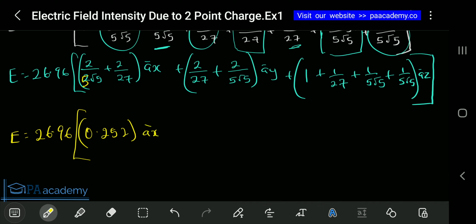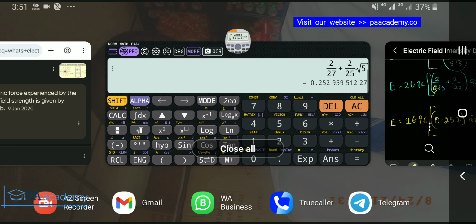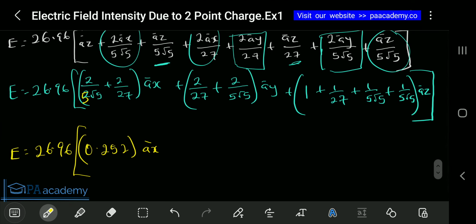Then AX. Now let's do the second one, 2 over 27 plus 2 over 5 root 5. That should give us the same value, because what we have here is the same thing. So that will be plus 0.252 AY.